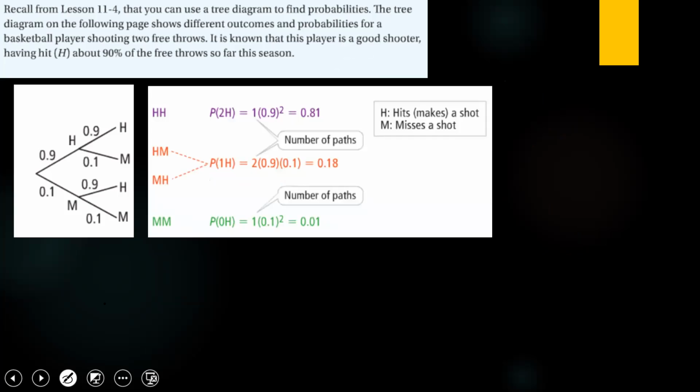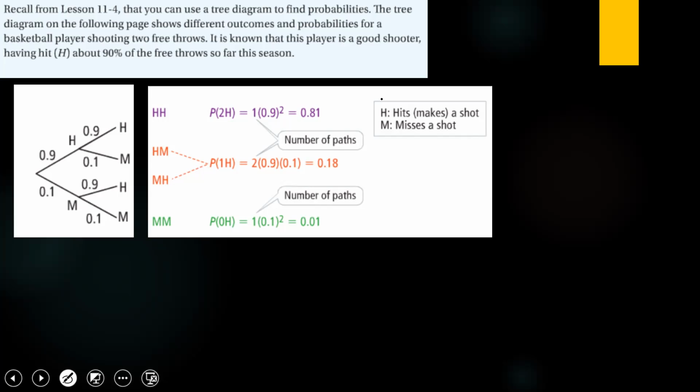So now, I told you the possible outcomes. We can have hit-hit, hit-miss, miss-hit, or miss-miss. Now, what is the probability that the two shots are hits?